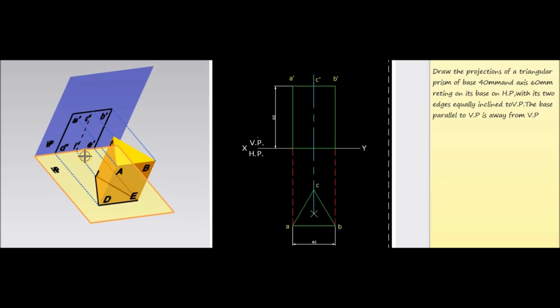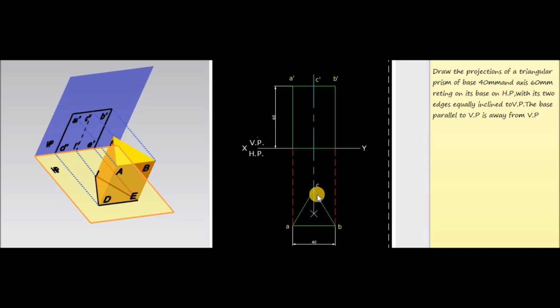Now, as per the direction from the question, we can represent the distances AB, BC and CA as 40 mm. Now mark these bottom corners, then join all these corners. This will be the top view of the triangular prism.